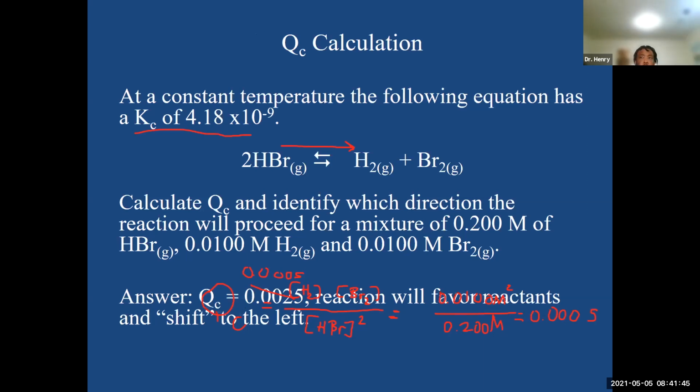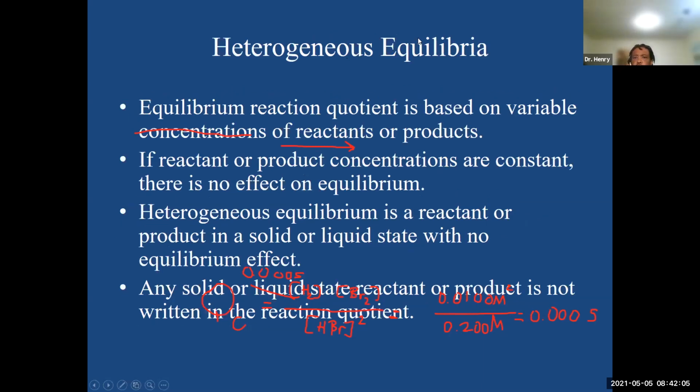Now, at this point, all of our things were gases, or they're all going to be aqueous or something like that. So sometimes we have an issue with the states. Okay, so let's talk about those states. These are called heterogeneous equilibriums. In the case of heterogeneous equilibriums, you're not going to take into consideration liquids or solids.